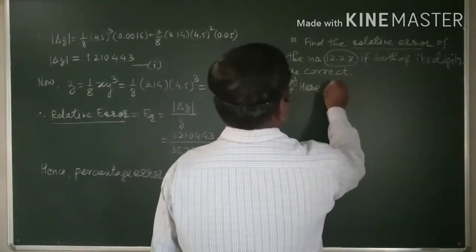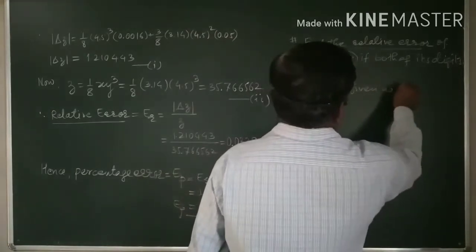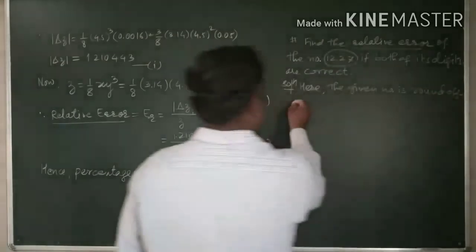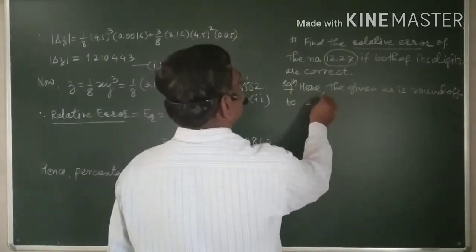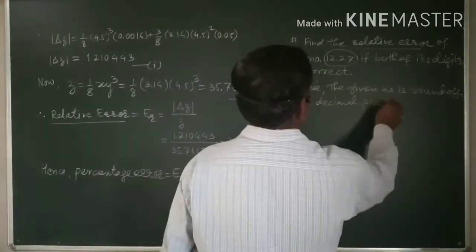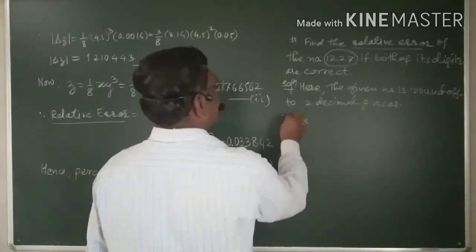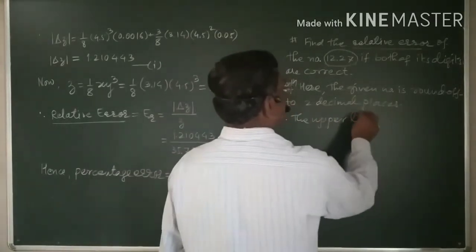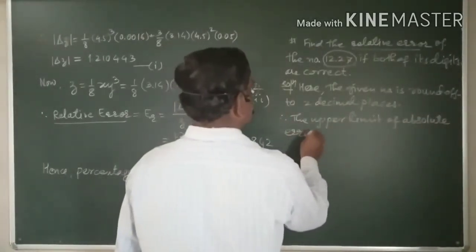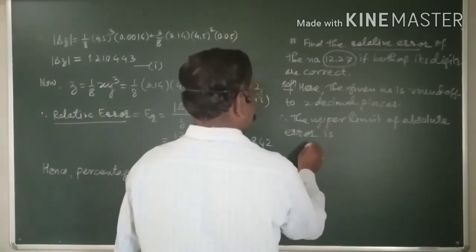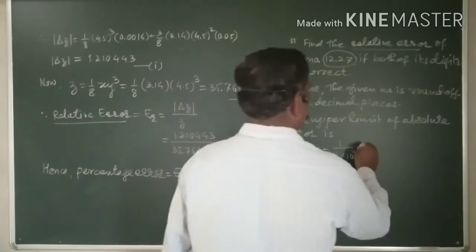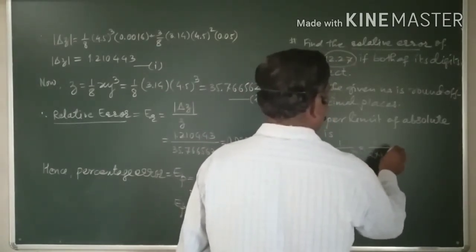The given number is rounded off to 2 decimal places, and therefore the upper limit of absolute error is del x equal to 1 over 2 into 10 raised to n, which is equal to 1 over 2 into 10 raised to 2.